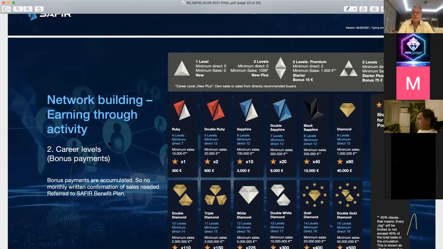But just to give you an example, let's say I aim to go to the Ruby rank. I have 7 directs, but 1 out of these 7 directs produces for me 8,000 euro in sales together with me. The other 6 produce 2,000.